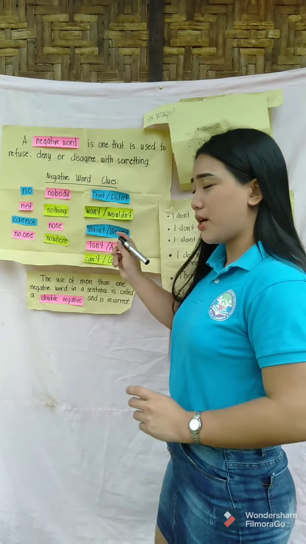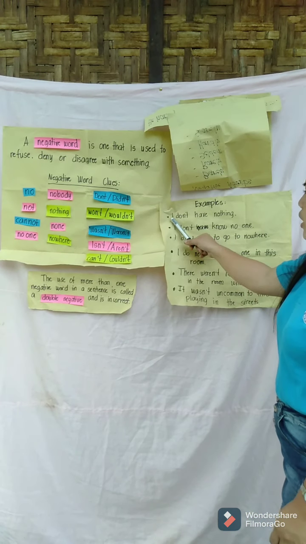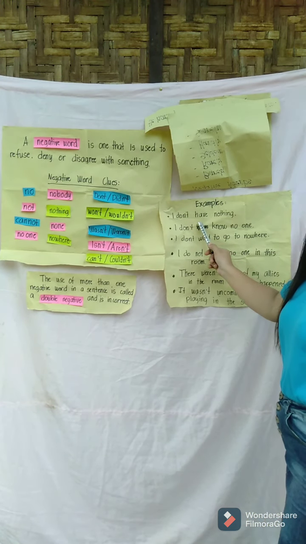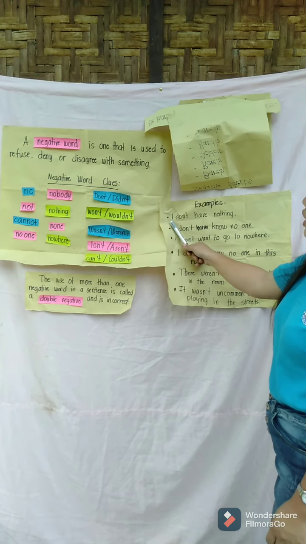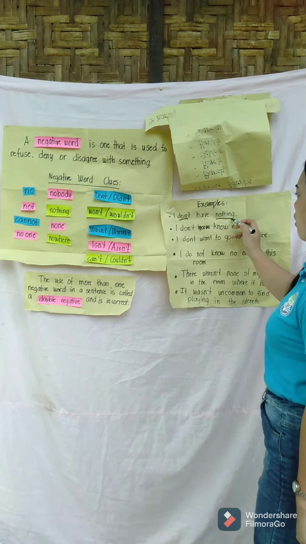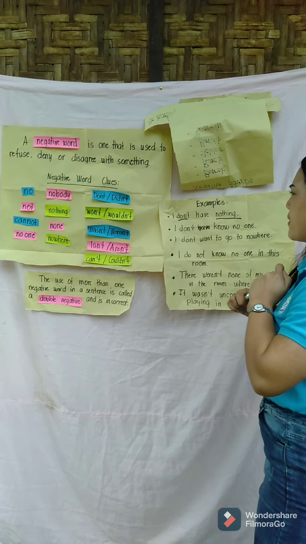Here I have an example. The first one is: I don't have nothing. In this sentence, where are the negative words? First is don't, and nothing. How can we correct this sentence?